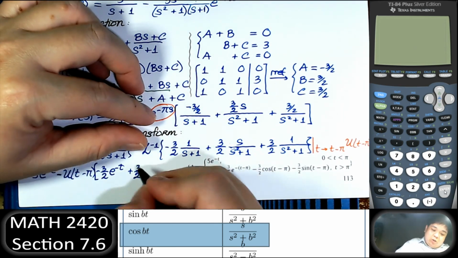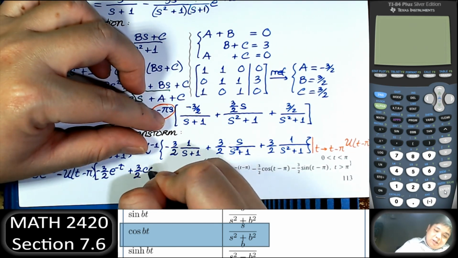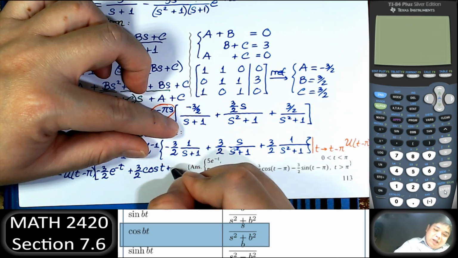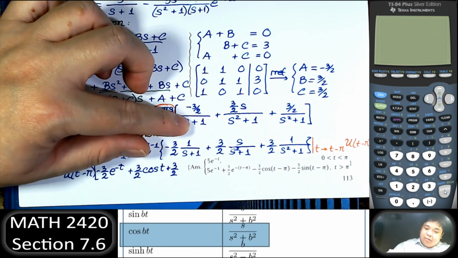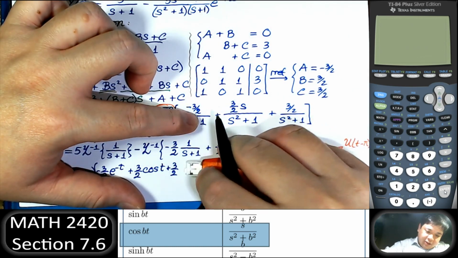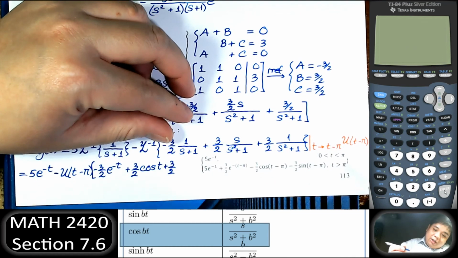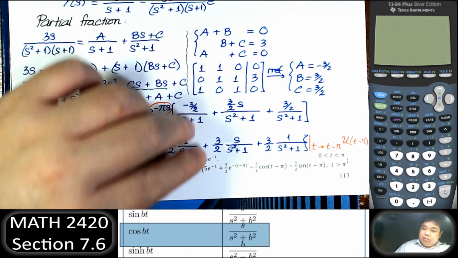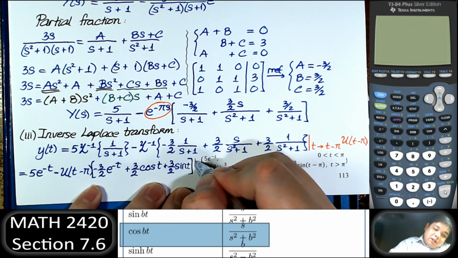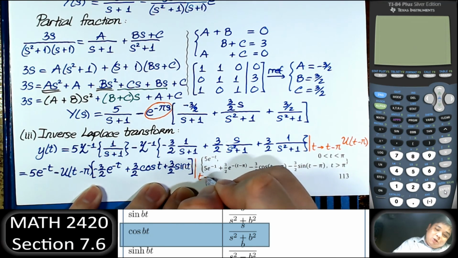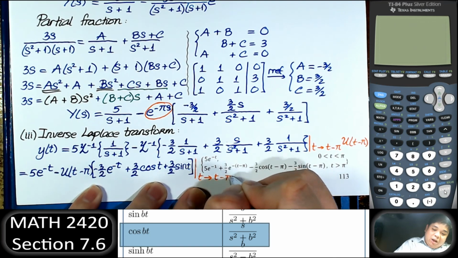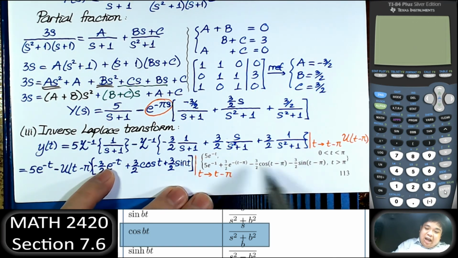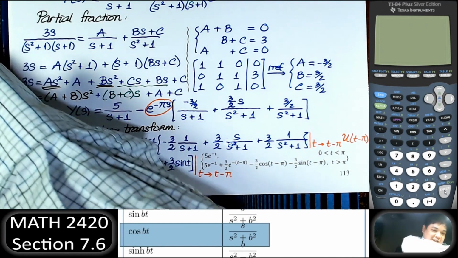Transform being even function should be cosine of t, and then plus 3/2 sine of t. But of course, when we do this, we have to replace t by t minus pi.